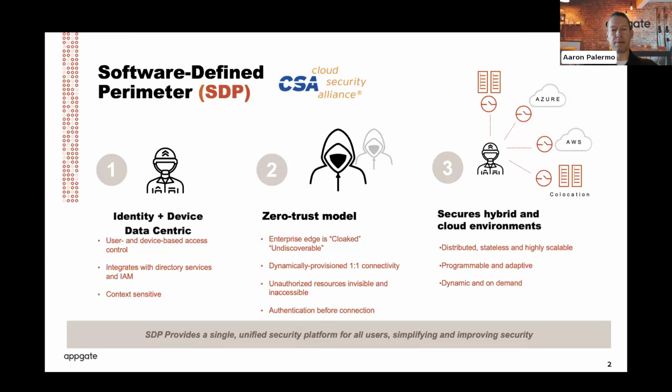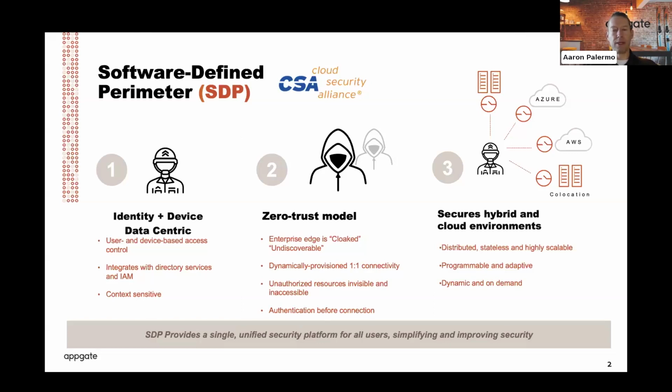Those packets are encrypted on the client side, and this is done by the AppGate client. They're timestamped, encrypted, sent to the AppGate appliances, and passively decrypted. If they decrypt properly and are validated, only at that point can the user's device initiate a TCP session to the AppGate controllers or gateways.